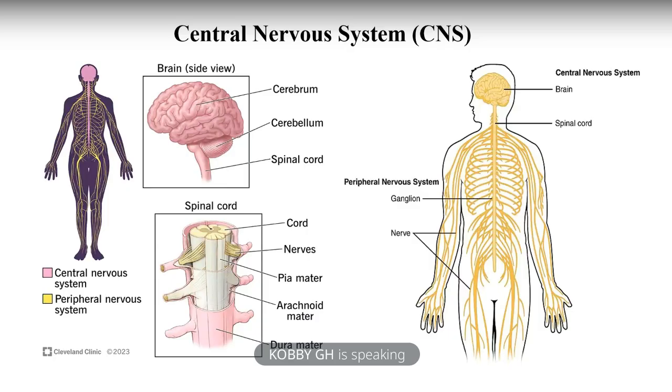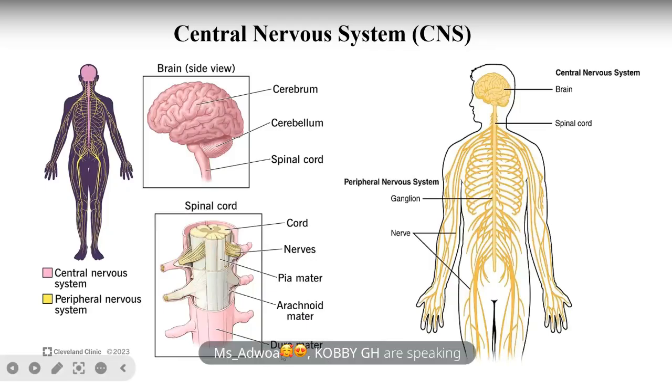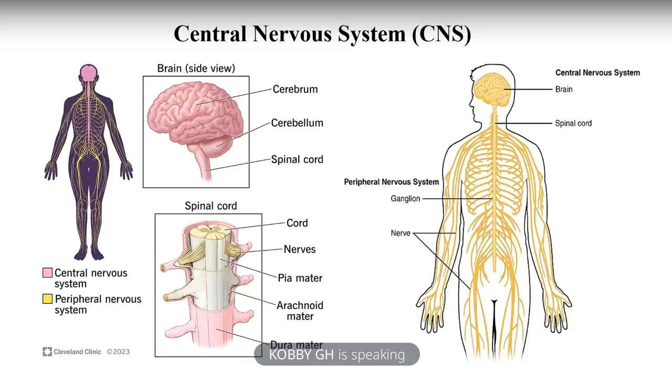Within the spinal cord, the dura is the one that lines the vertebral column. The one that immediately covers the brain is the pia mater. Pia means soft.